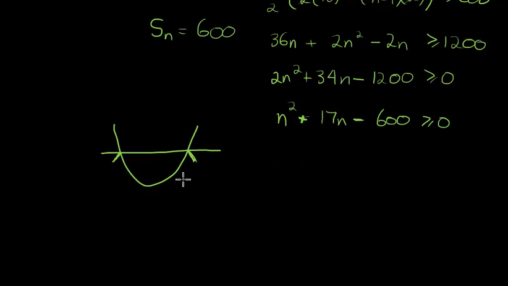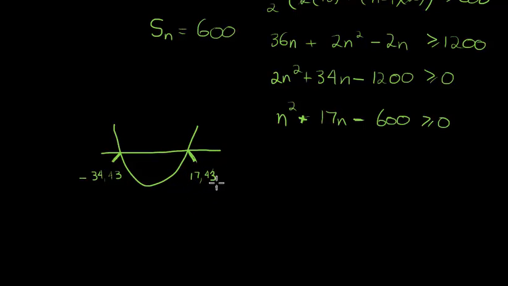So the intercepts are 17.43 and negative 34.43. Now listen carefully. This is an inequality.